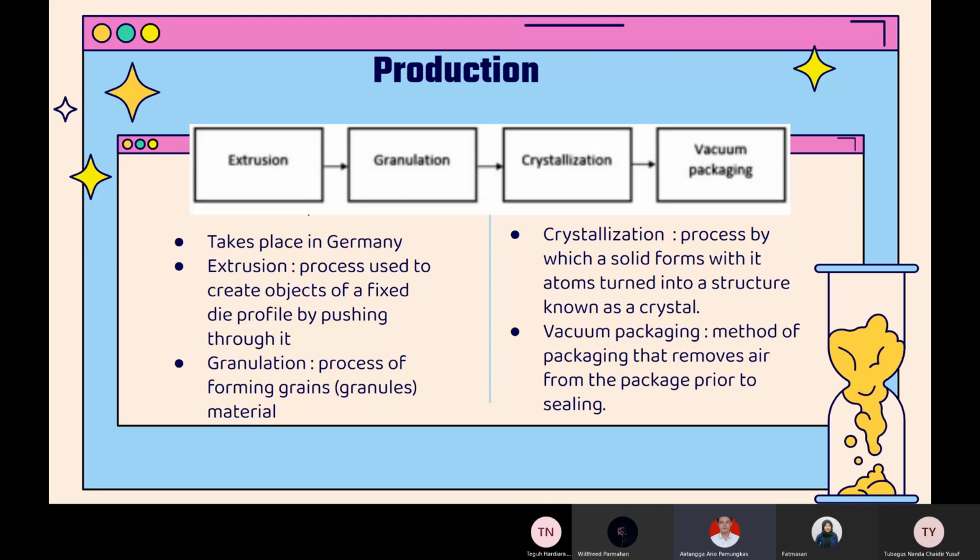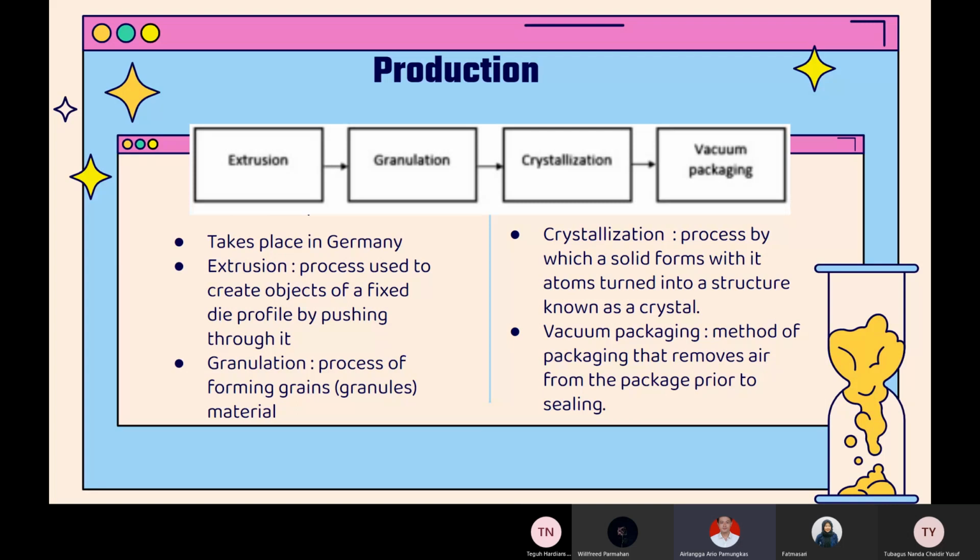And then the last, vacuum packaging, is a method of packaging that removes air from the package prior to sealing. The method involves manually or automatically placing items in a plastic film package, removing air from inside, and sealing the package. And the next phase before we distribute to the consumer is processing.